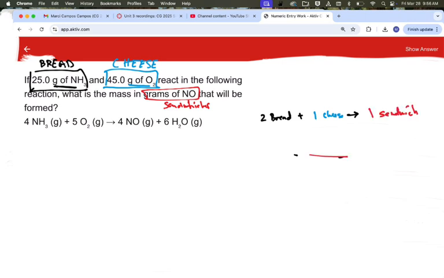Okay? So what could we try and do to help this process along? Well, I could set this up and decide which one is the limiting reagent.